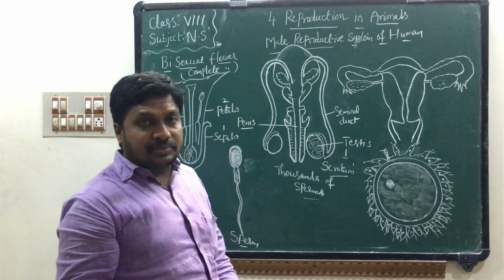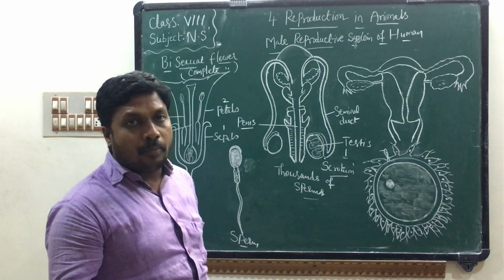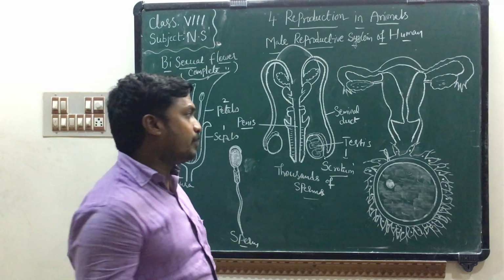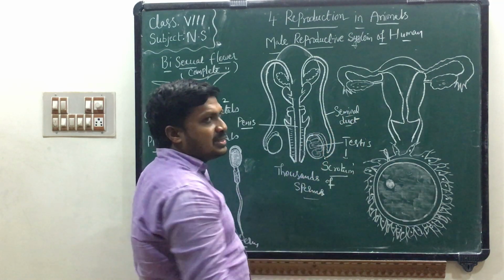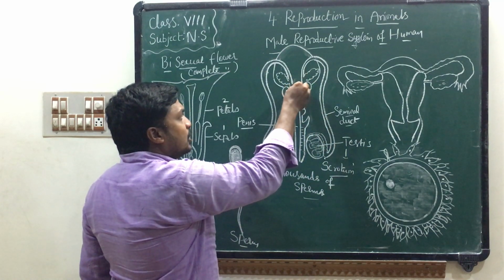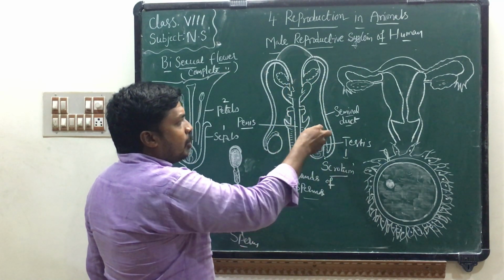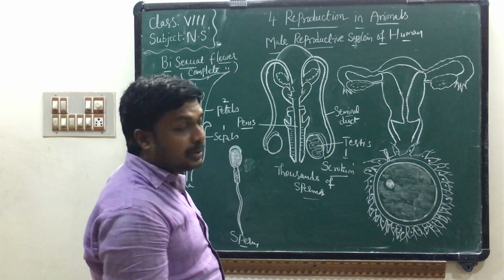Thousands of sperms at a time. These sperms can move, they show mobility, motile in nature. These sperms are carried by a duct known as seminal duct. These seminal ducts pass sperms to the outside of the body. These seminal ducts united together form the ejaculatory duct.